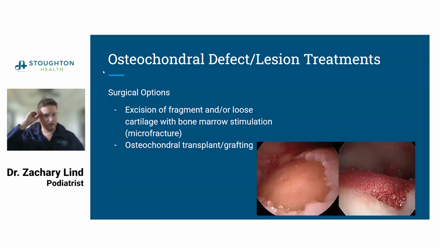Some surgical options are typically excision of the fragment and or the loose cartilage and microfracture, otherwise known as bone marrow stimulation. So if we talk through this, this isn't any of my patients, but this is the cartilage here. This off-white is the cartilage. So this would have had some sort of injury.